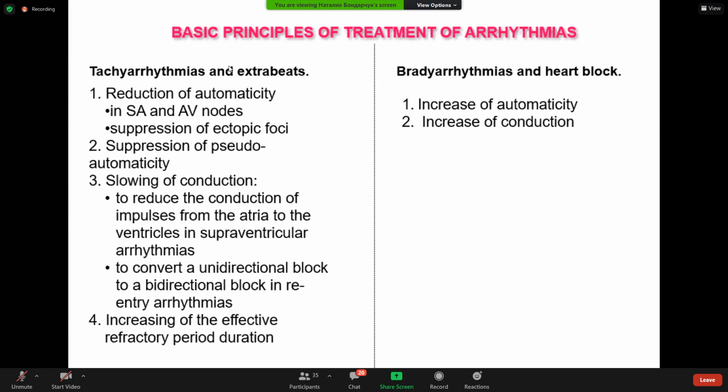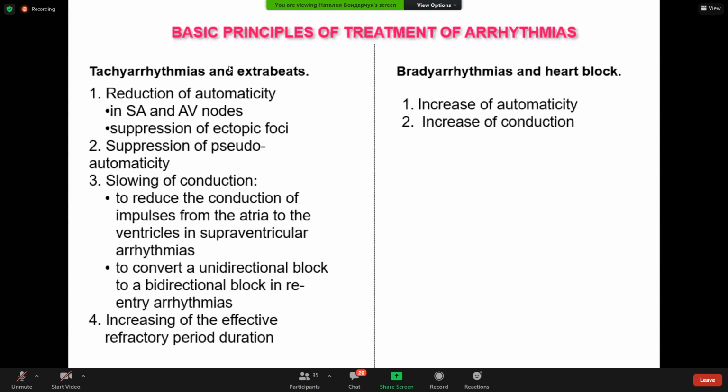Such drugs can cause a reduction in the conduction of impulses from the atria to the ventricles in supraventricular arrhythmias. And if we are speaking about the treatment of re-entry arrhythmias, slowing of conduction converts a unidirectional block to a bidirectional block. And one more possible approach in tachyarrhythmias and extra beats is an increase of the effective refractory period duration.